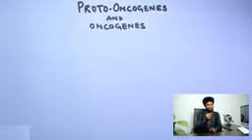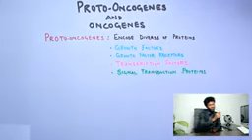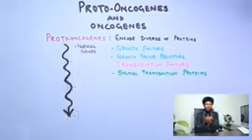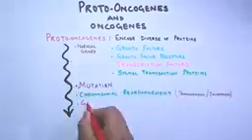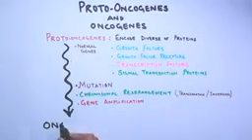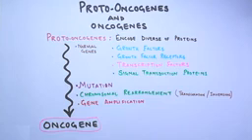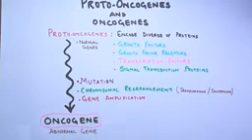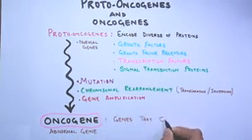Now remember when I talked about proto-oncogene, proto-oncoprotein. Once the proto-oncogene becomes mutated, it results in an oncogene. So the oncogene gives birth to oncoprotein, resulting in a bypass of that stopping, or ensuring that there is more promotion of this cell division.